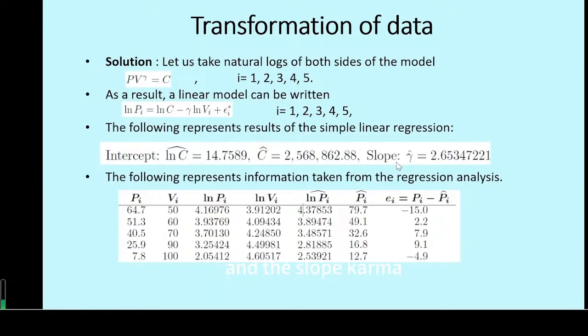The slope gamma in the linear regression can also be estimated. So C and gamma have been estimated after transforming the variables, where x is the log of V and y is the log of P. Both constants are estimated.